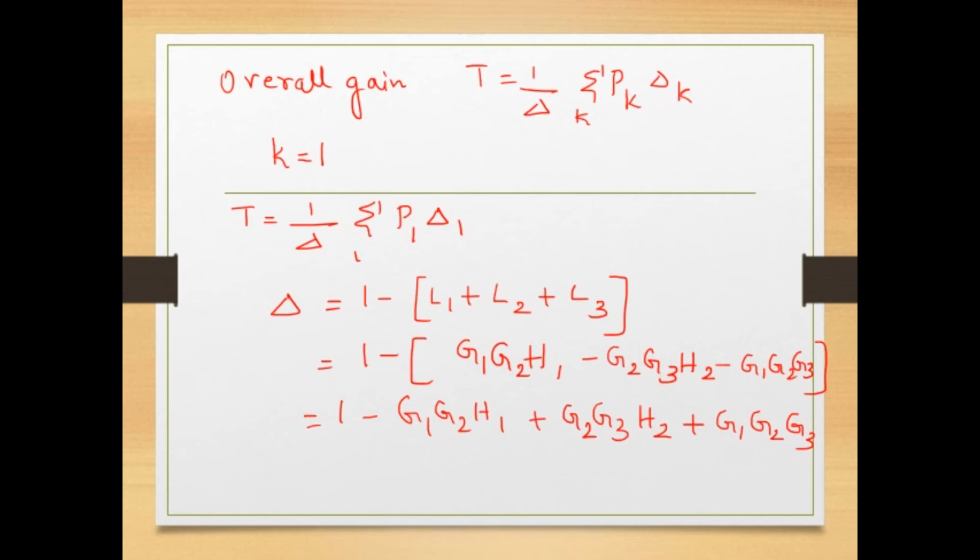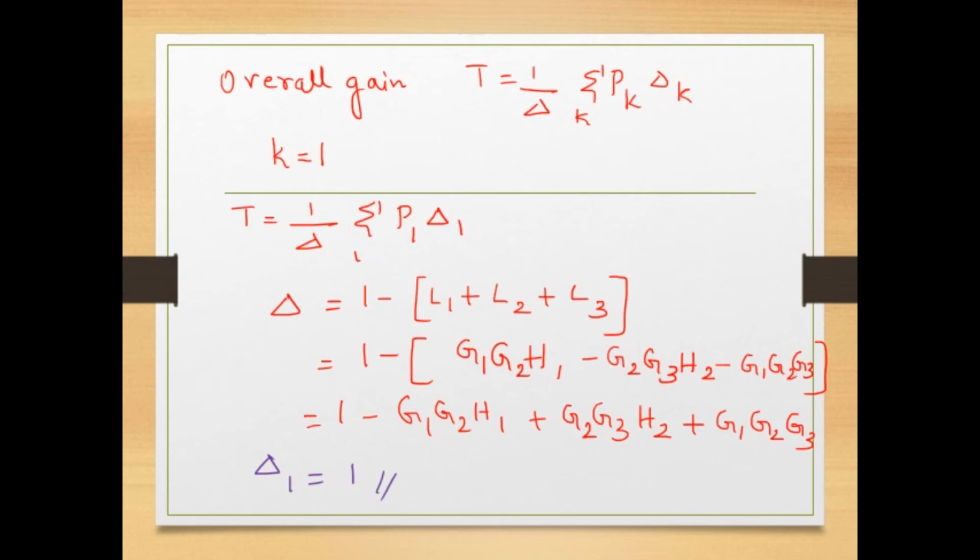We have to consider this delta first, and in it we have to see which part of the graph is not touching the first forward path. All these loops are touching the first forward path, so our delta 1 is equal to 1.